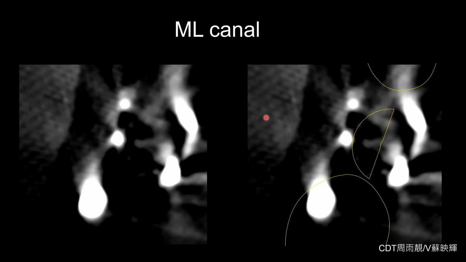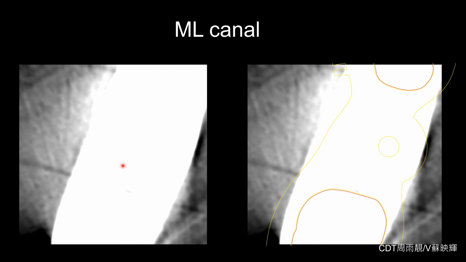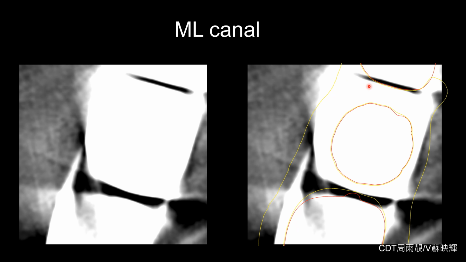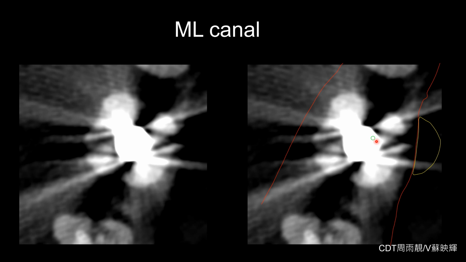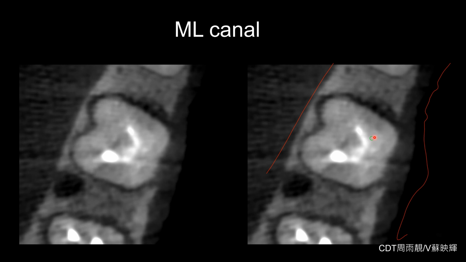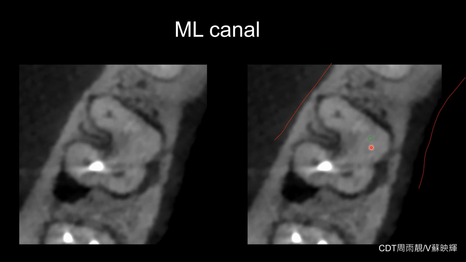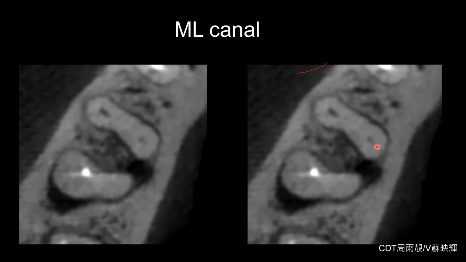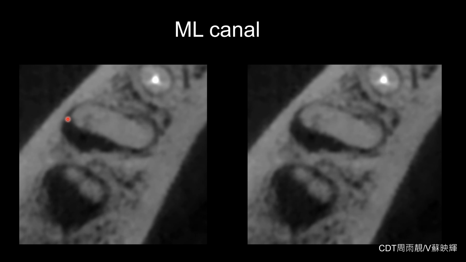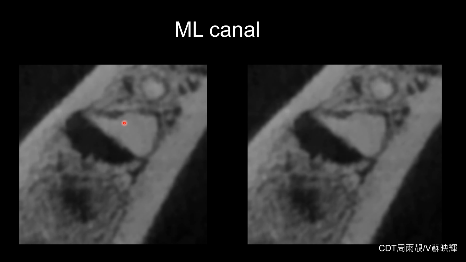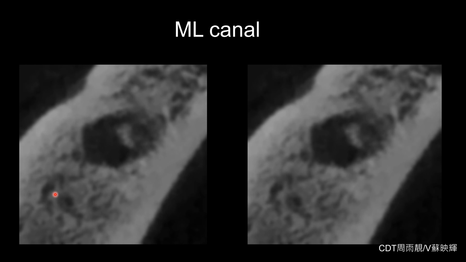And this is the CBCT. At the left is the original one, and at the right is after I planned it. You can see the green circle here is the mesiolingual drill path which I planned. You can see this tooth has apical lesions in both the mesial root and distal root.